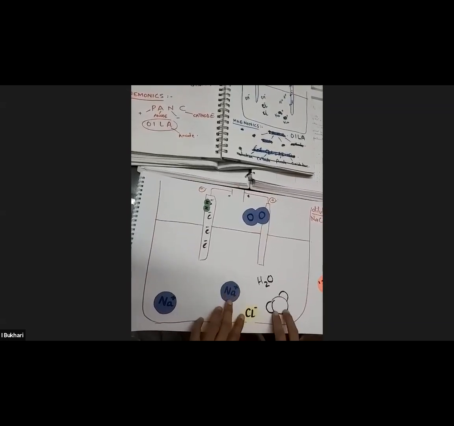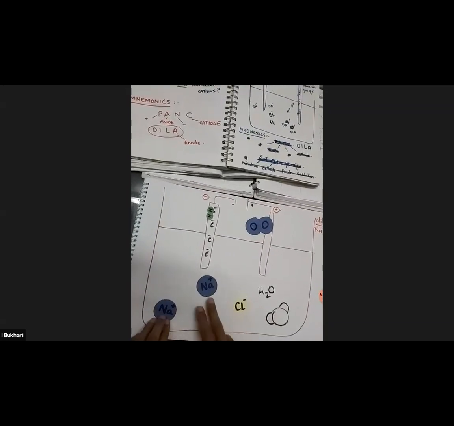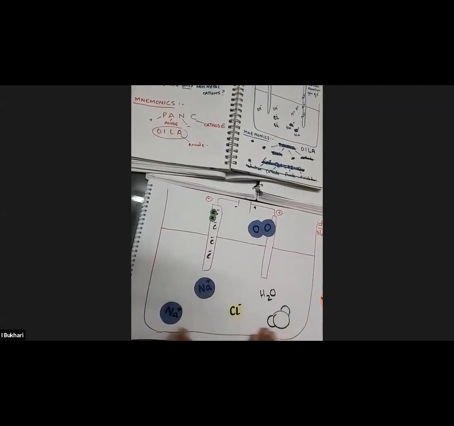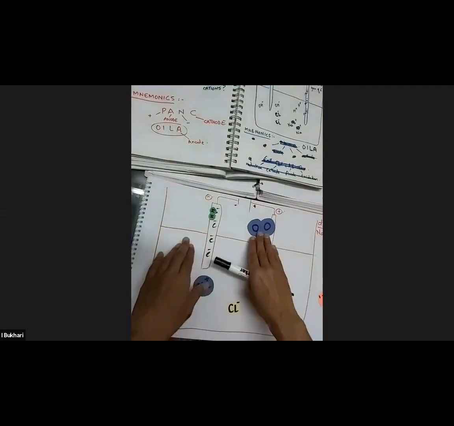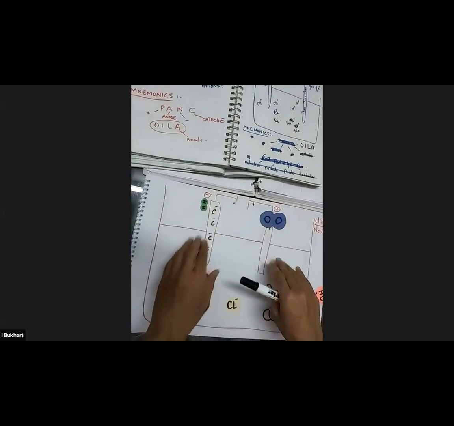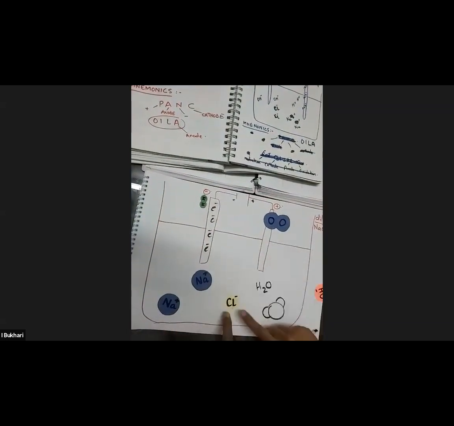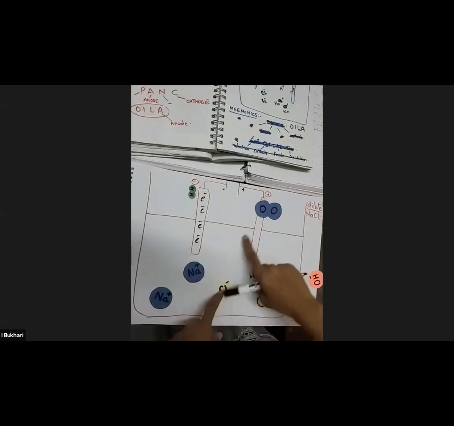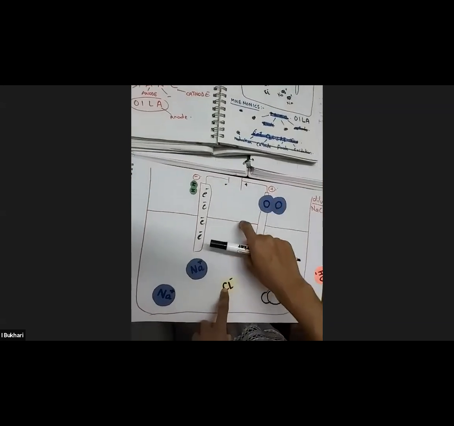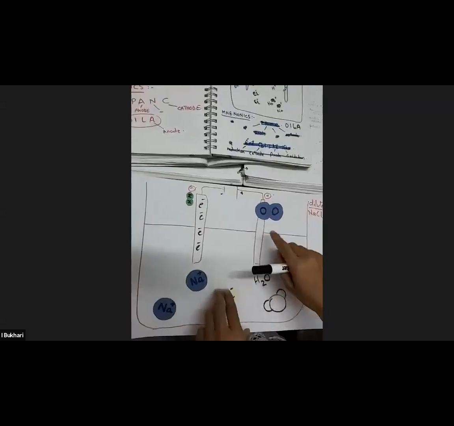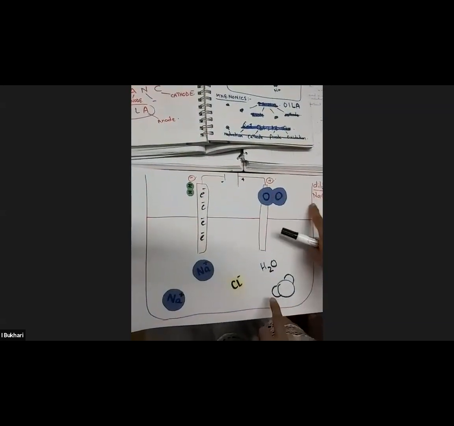So water molecules along with sodium and chloride will be left behind. So we have a salt solution with oxygen and hydrogen gas released at the electrodes. Did you see that instead of chlorine, we got oxygen at the anode? That's the difference between the electrolysis of concentrated and dilute sodium chloride.